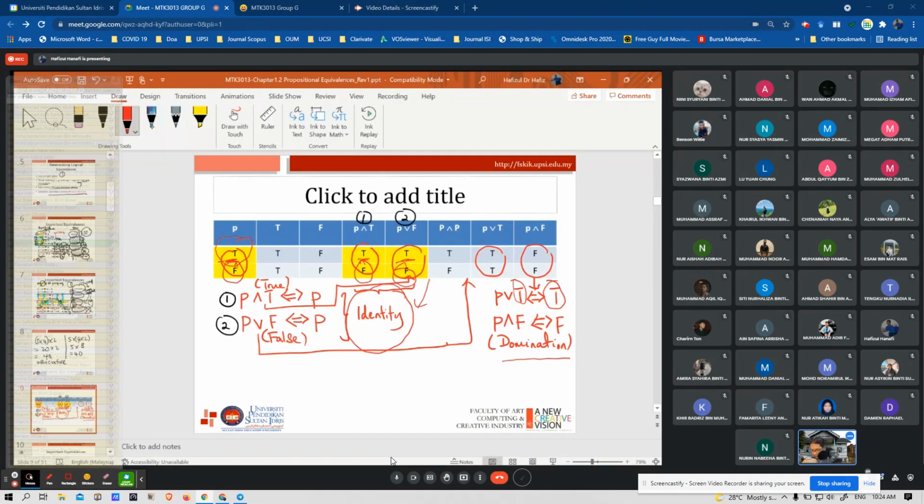Okay, same goes to false. If the first statement is false in an AND, the second statement doesn't matter lah. It is going to be false. Okay, this one is identity and domination. It's just terms.